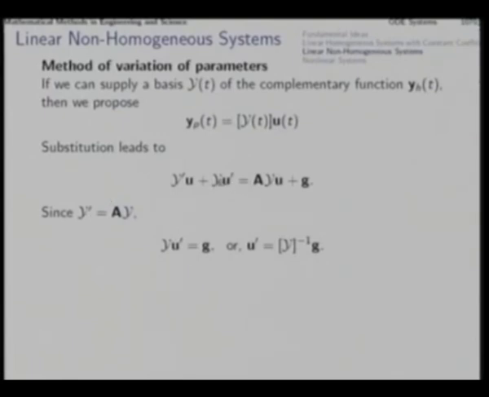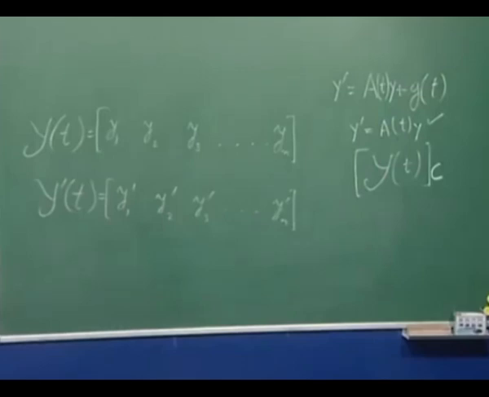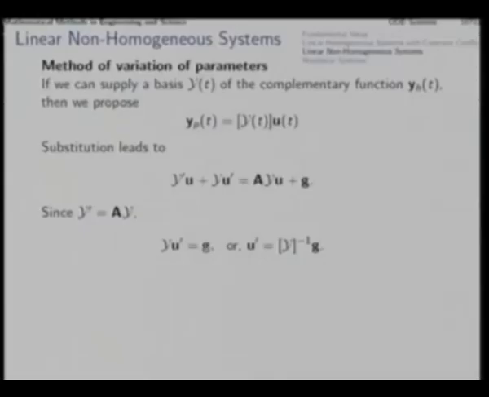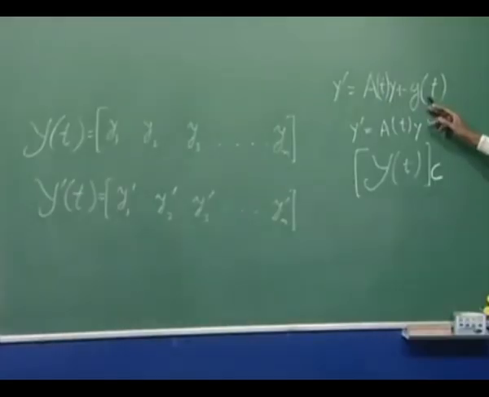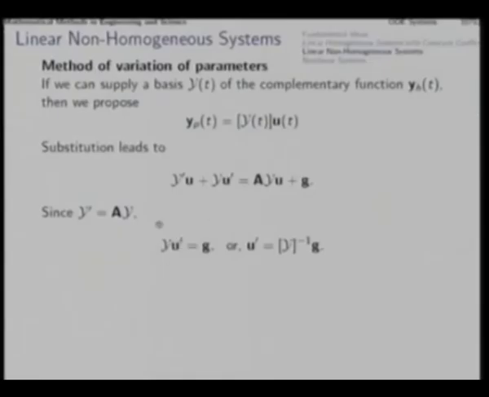And then after these two terms are gone, we have capital Y u prime equal to g, and here u prime is the unknown function that we would like to determine, Y is the fundamental matrix that we already know, g is the function that has come with the differential equation. So, from here we can solve for u prime, which is simply the inverse of the fundamental matrix multiplied with g.